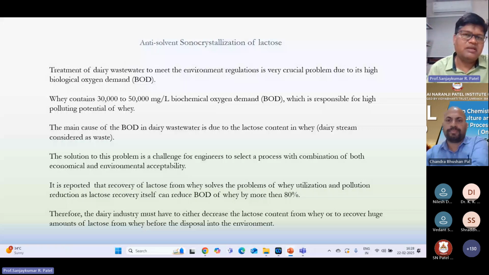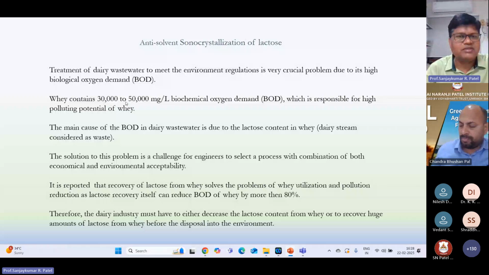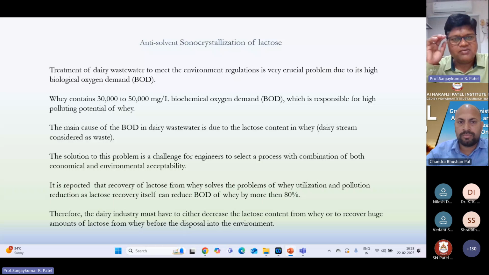So when they make paneer, the water that remains, if they throw it out to the environment, that water creates a lot of environmental problems because it has a high BOD and COD loading in that wastewater. Okay, you can see here 30,000 to 50,000 milligram per liter BOD in this dairy wastewater.